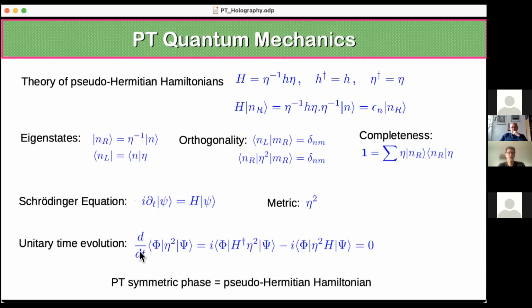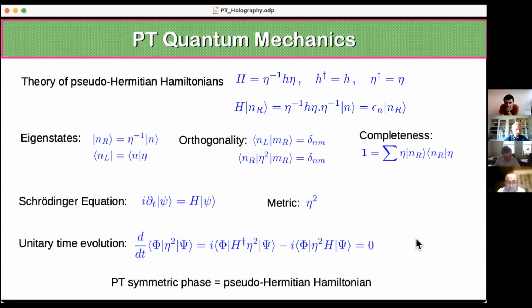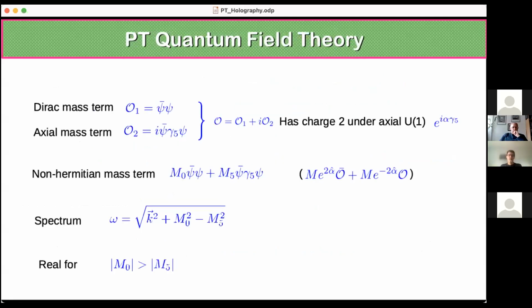So if you compute how the inner product between two vectors in Hilbert space with this metric eta squared changes in time under the time evolution generated by h, the non-Hermitian Hamiltonian, then you find it's indeed unitary, and the norm or inner product of two vectors in Hilbert space does not change. Okay, so that's just a quick review of PT quantum mechanics.